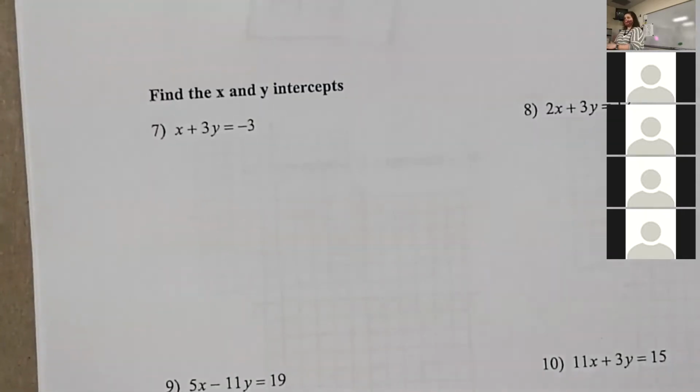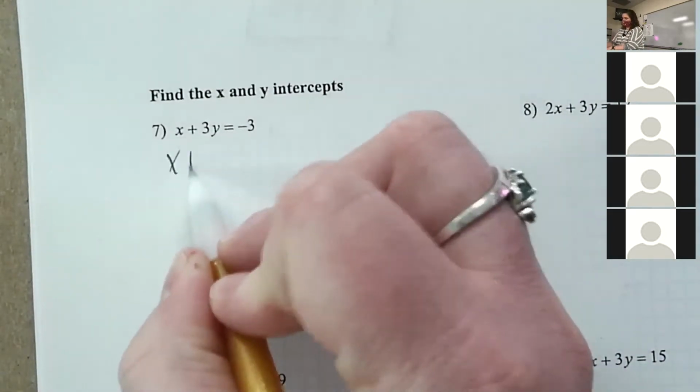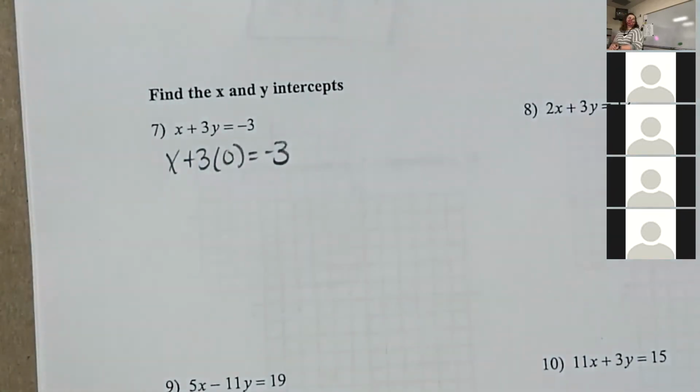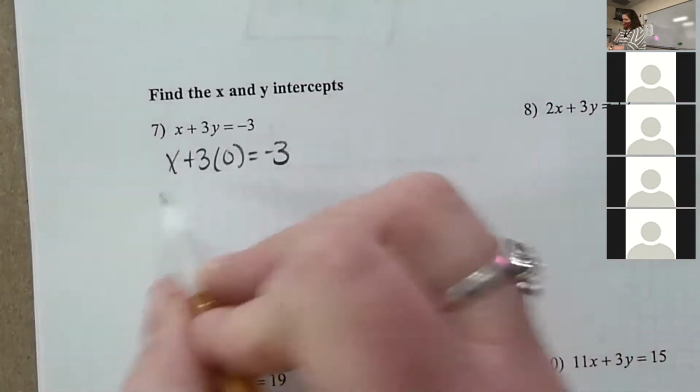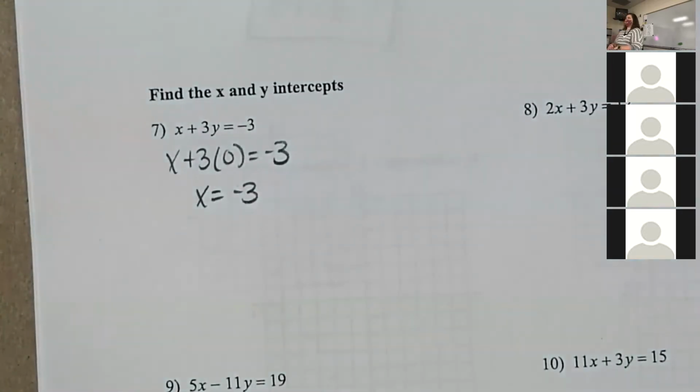So we're going to do that. If I want the x-intercept, I'm going to plug in 0 for y. So I have x plus 3 times 0 equals -3. Well, 3 times 0 is just 0, right? So I have x equals -3. That's telling me I'm going to cross the x-axis at -3.